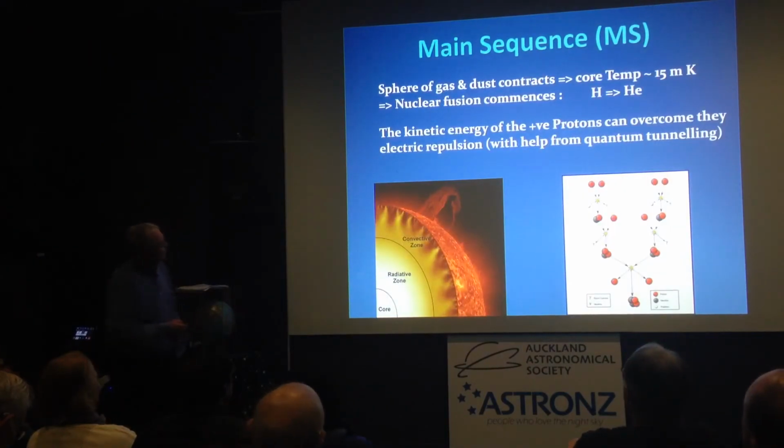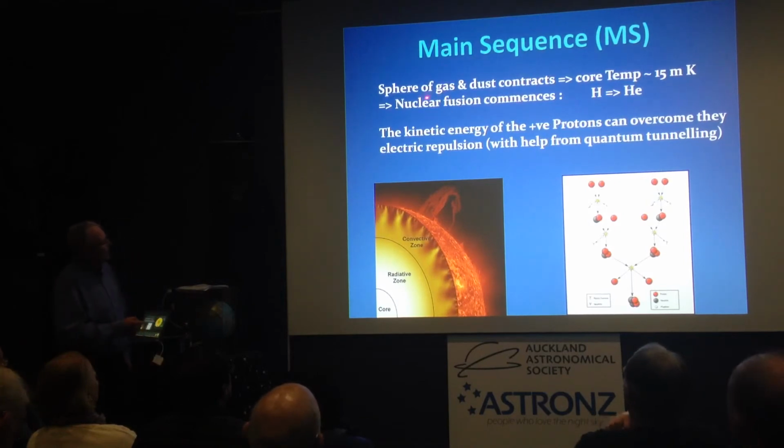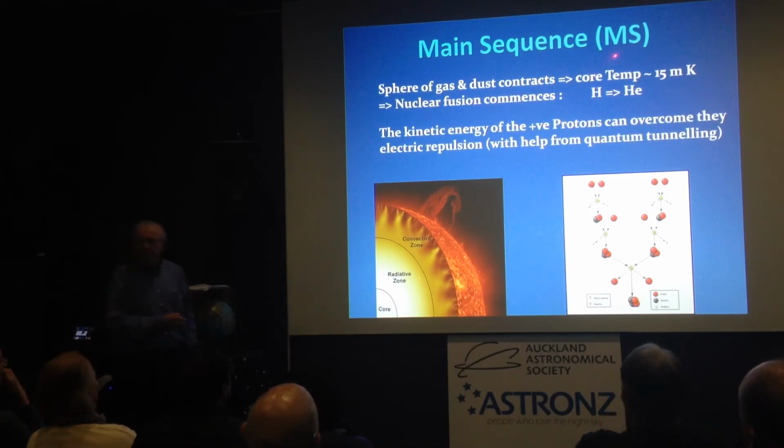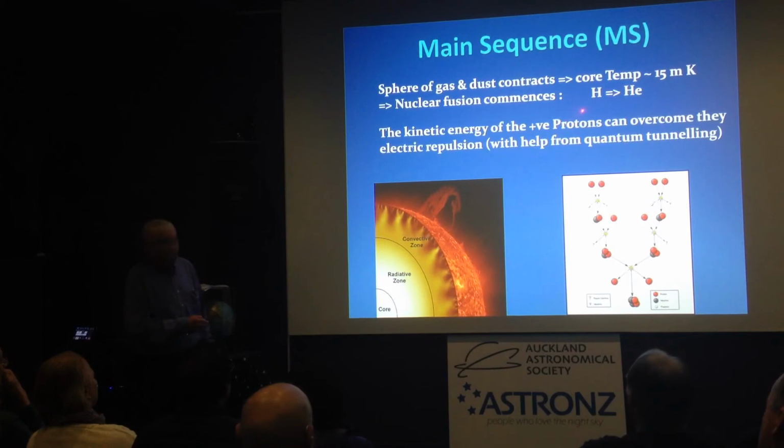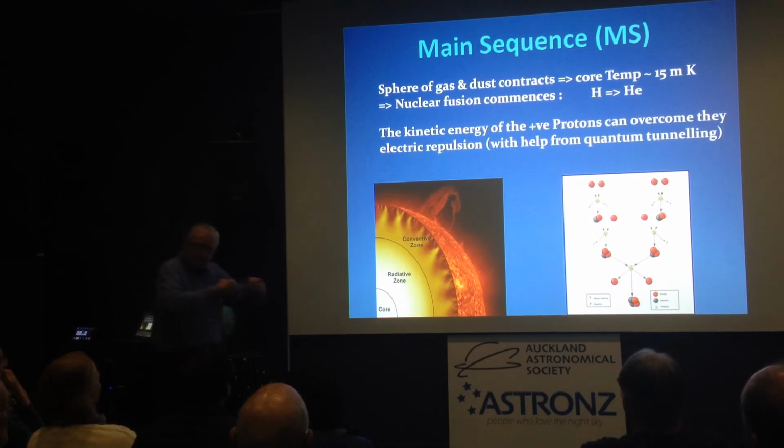So the main sequence. You've got this big sphere of gas and dust that's been busy contracting in its infancy. It gets hotter and hotter, with higher pressures inside the core. And eventually the core hits about 15 million degrees Kelvin. At that stage, the protons, which are the hydrogen nuclei, are zipping around so fast, ramming into one another, that they can just start to overcome the positive electrostatic force that's repelling them.